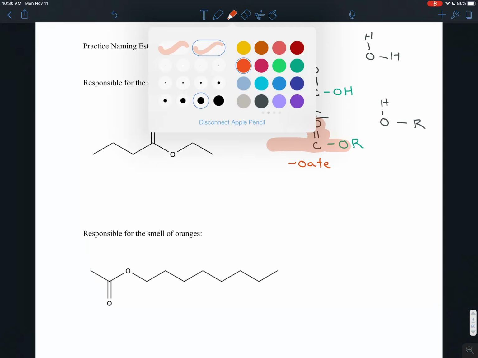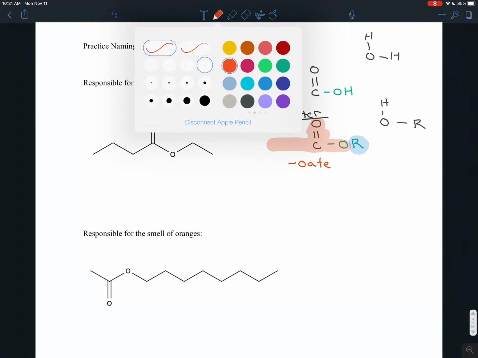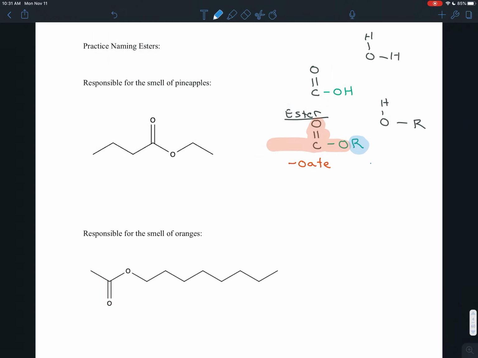You do, however, have another carbon chain, the R group, on the other side of that sort of ether that does not have the carbonyl. That's going to be named as a branch, so it will have the suffix -yl. You'll just have the prefix, and then immediately after the prefix you'll have a -yl.